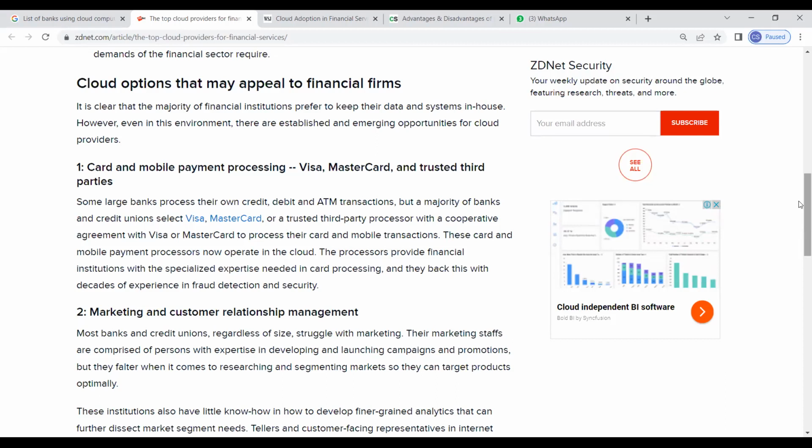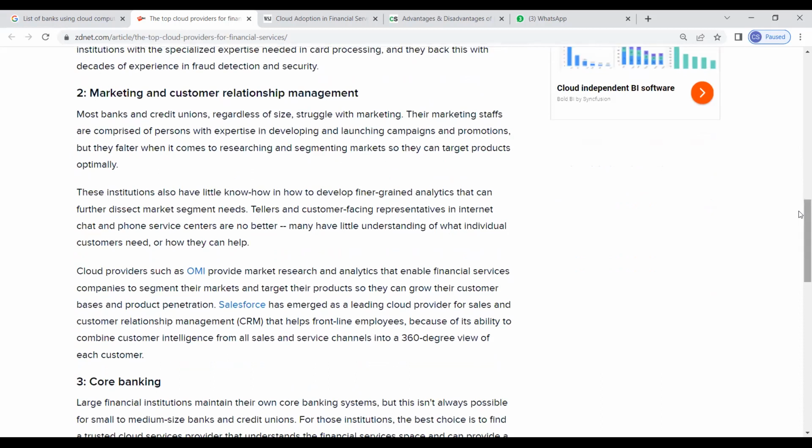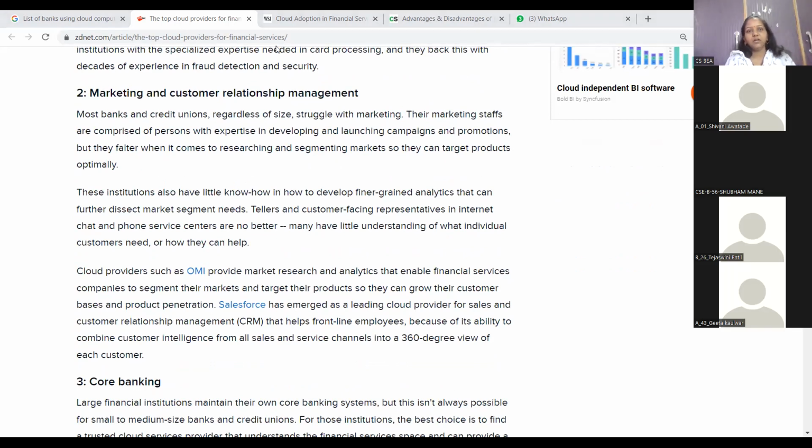Then coming to the next is marketing and customer relationship management. Definitely how you are going to market the technology that is there with you, and the relationship with your customers, that is very important. So most of the banks and the credit unions, regardless of their size, struggle with the marketing.